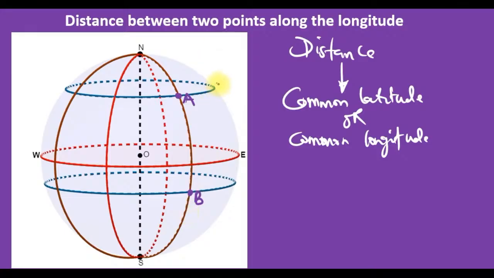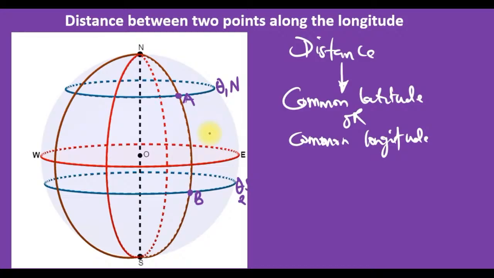If I call this angle theta 1 of north, then here could be theta 2 of south. Again, remember this is a sphere, like a circle.